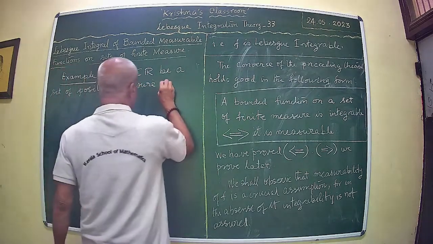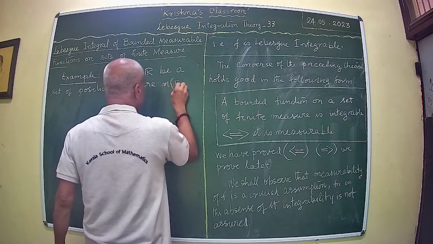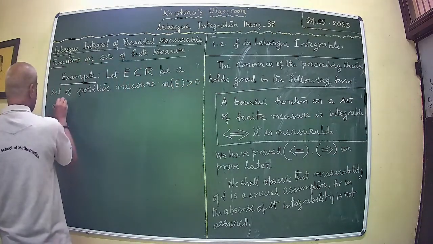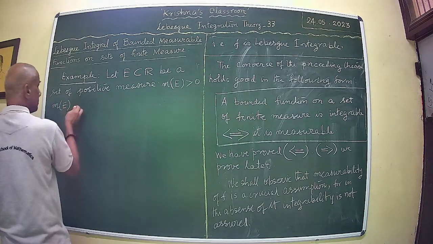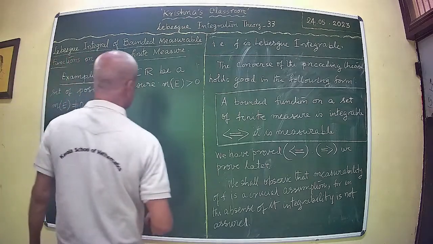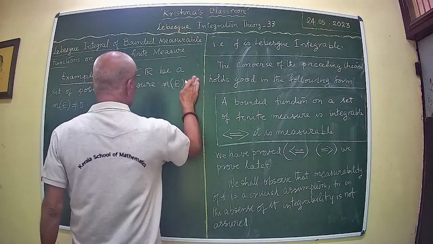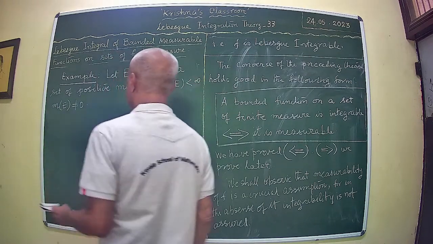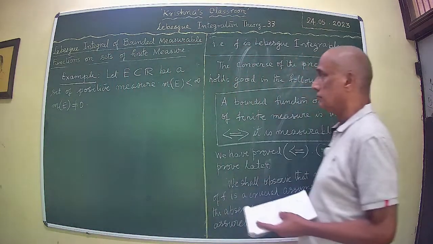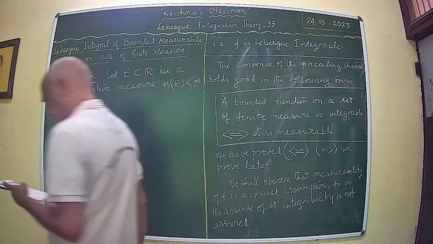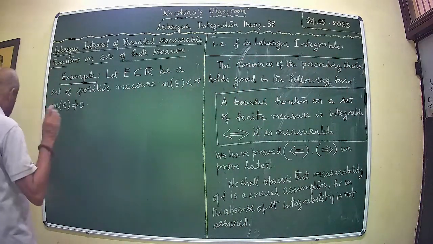That is, the measure of E is positive and finite. Now we will look at this function.